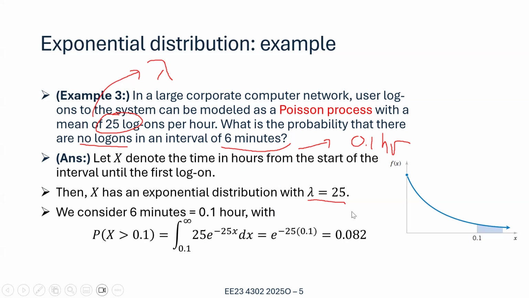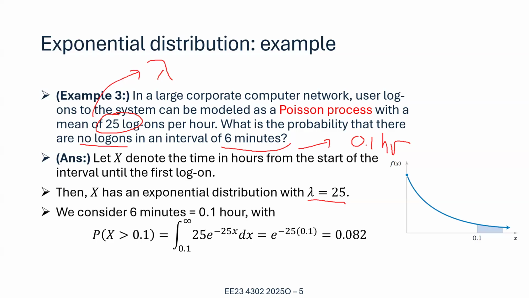and we have the value being 0.082. So note that this is not asking for the probability that we have some log-ons in 6 minutes, but the probability that there are no log-ons in an interval of 6 minutes. So we focus on the case of zero log-ons in the interval of 6 minutes.